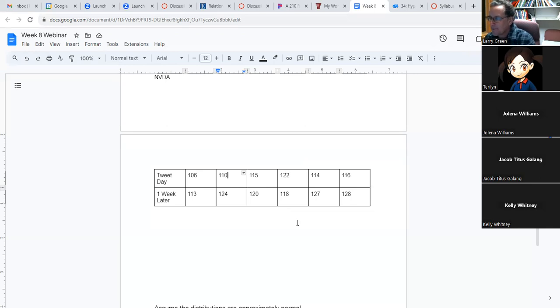Another very common dependent data is when you ask a bunch of people 2 questions and you want to see if there's a difference between the answers. So let's say you asked, I don't know, how many calories did you eat for breakfast? And how many calories did you eat for lunch? And let's say you asked 40 people those 2 questions. Then do you see why that would be paired?